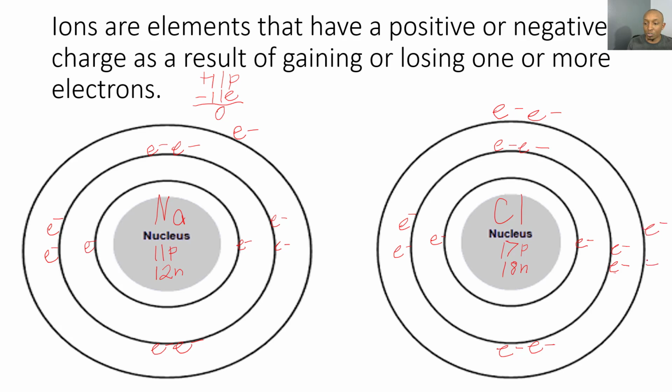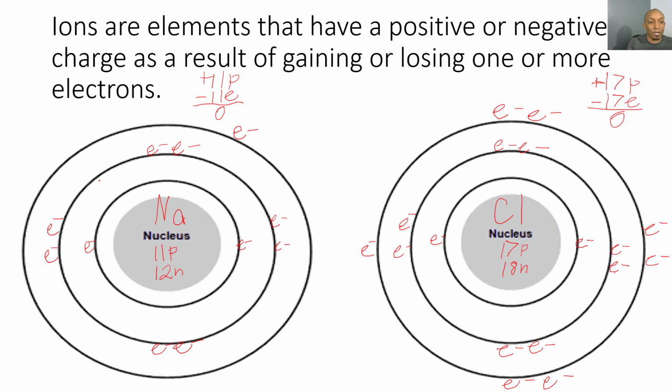So I go ahead and draw my 7 and 1 more. So 17 protons and 2 plus 8 is 10, plus another 7, that gives me 17 electrons. So now, once again, I have 17 protons, which are positive, minus 17 electrons, which is negative, gives us 0.